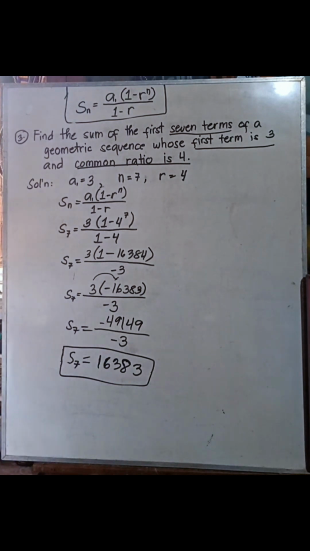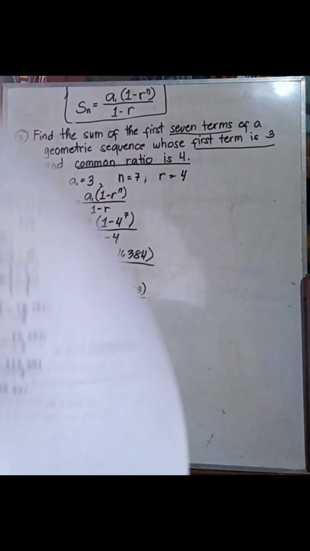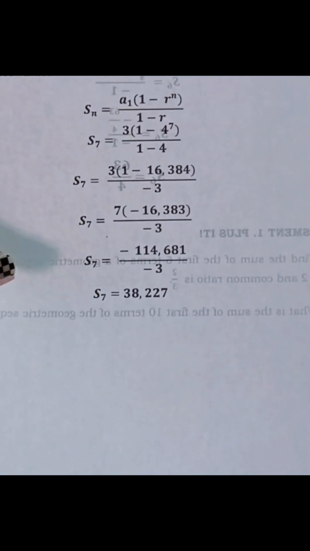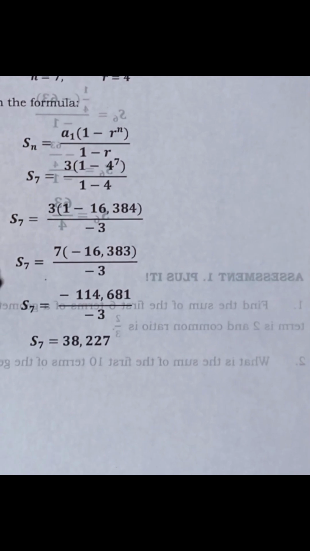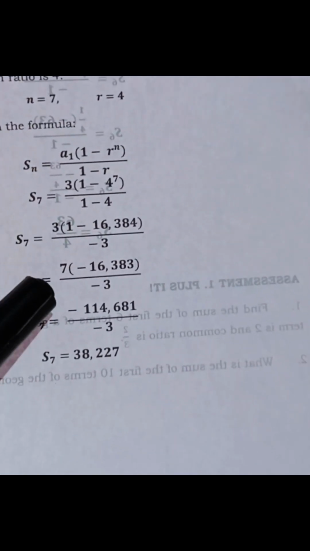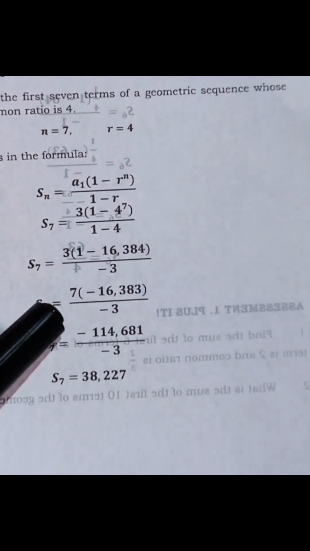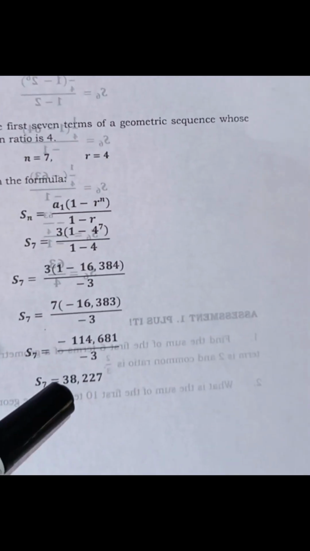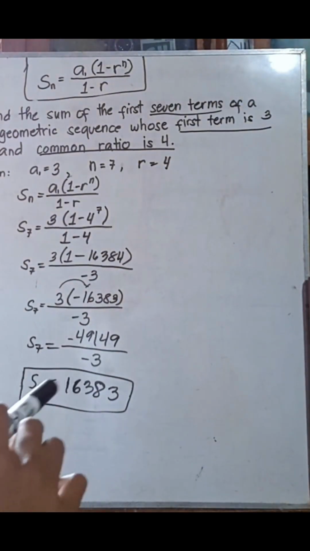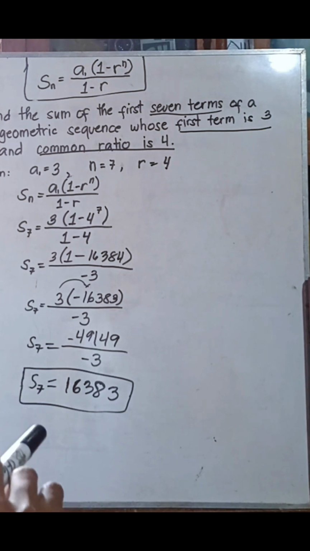Nagka-error siya. So, dapat 3 lang dyan siya dara. So, akong ipakita ang module. So, sa module, mao ni siya diri ang error. Makita na to, 3 diri ang A sub 1 niya, pero dag 7 siya kalit diri, mao ni nga error ang iyang answer. So, take note of this one. So, kani ang tama. Kani atong naa diri ang tama na to nga answer.